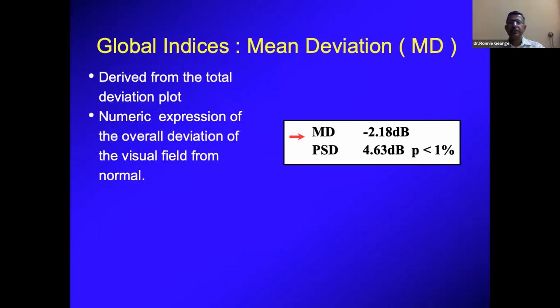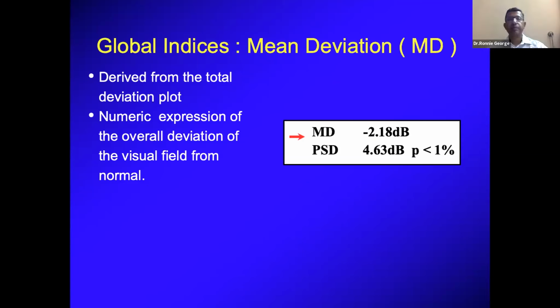So the mean deviation is derived from the total deviation plot. And basically it tells you the average deviation of each point from the age-corrected normative database. And in general, most of the time, the values will be negative because those thresholds will be less than what you will see in a normal patient.